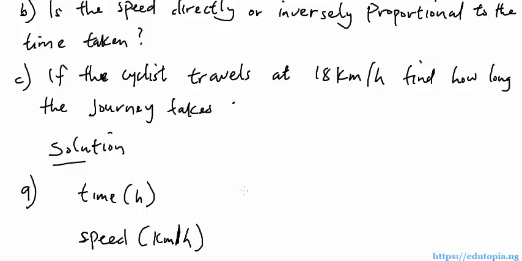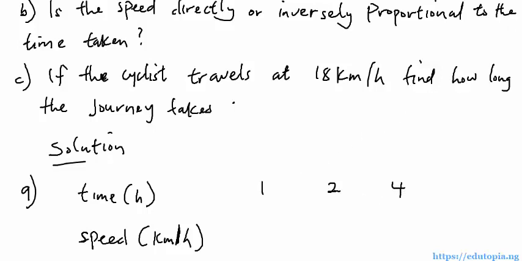Here we have 1, 2, and 4. So we were told to make a table showing the speed if the journey takes 1 hour, 2 hours, and 4 hours respectively.